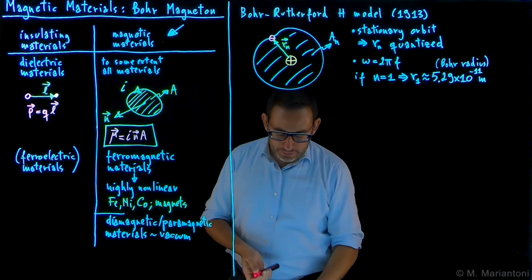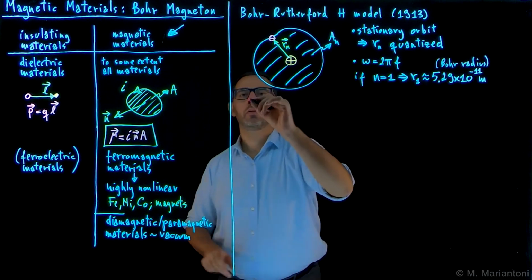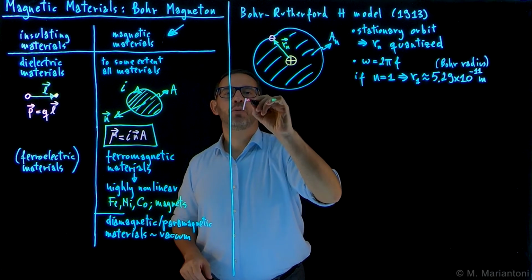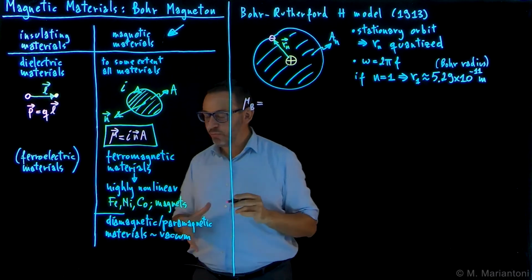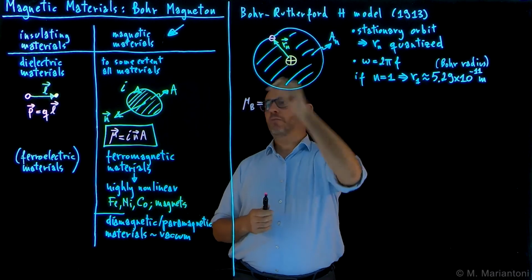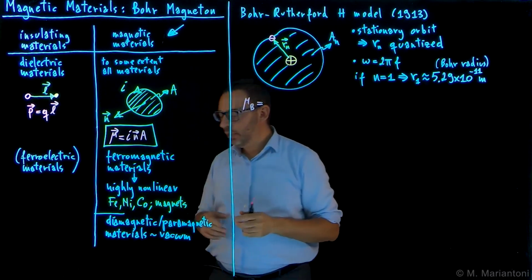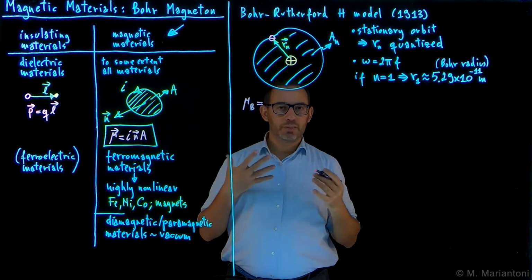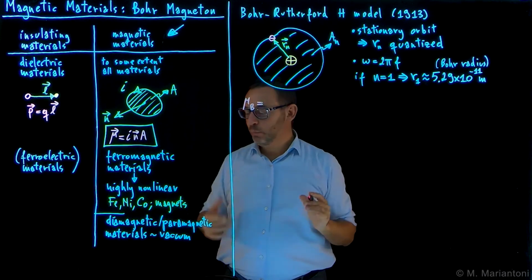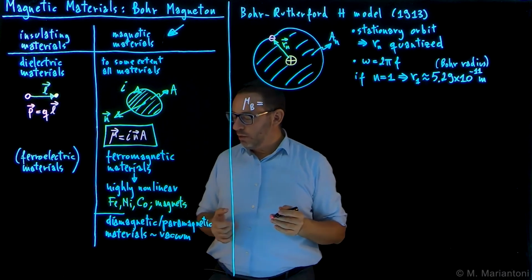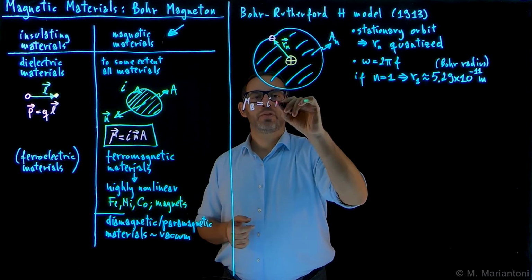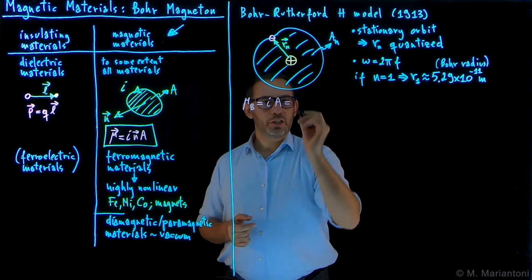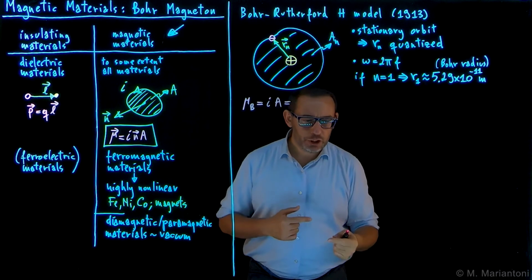Now, how do we write in this case mu, which we actually call mu_B for Bohr, which is of course a vector, but let's only look at the magnitude of this mu_B, which is the magnetic dipole moment associated with this simple model, the Bohr-Rutherford model of the hydrogen atom. Well, it's equal to the current I times the area A. What is the current I? The current is the charge per unit time.